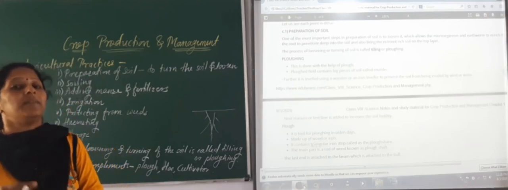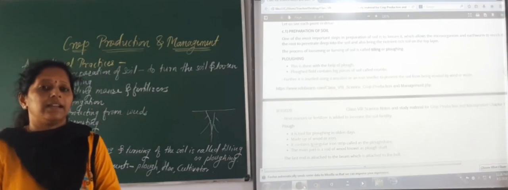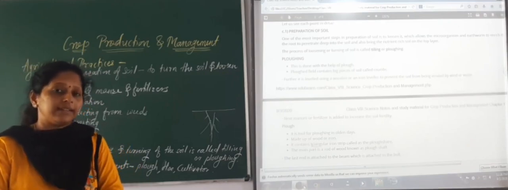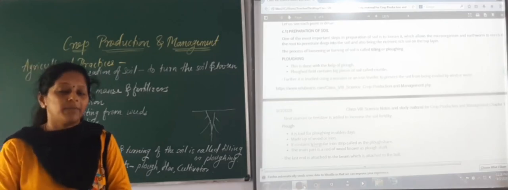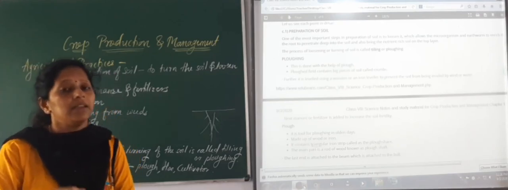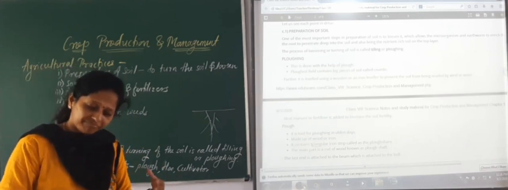As you know, the soil is made up of minerals and water, and different types of minerals are present in that soil. Also with that are dead and decayed plants and animals. Where do the dead and decayed plants and animals come from? When plants and animals die, they fall on the soil and mix in the soil.